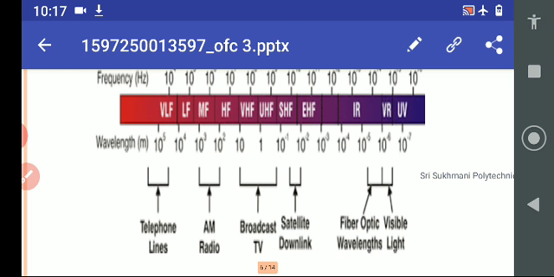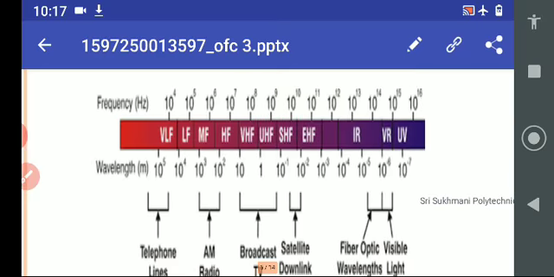For TV broadcast, we are using VHF and UHF. For satellite link, we are using SHF and EHF, extra high frequency. Then there is the IR region and UV region. Visible light and the IR region are responsible for optical fiber communication, and there is a direct relationship of the frequency with the wavelength, as it is clearly shown.